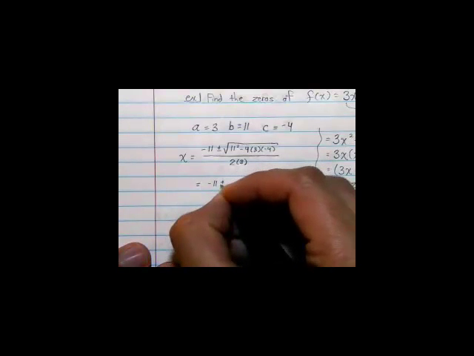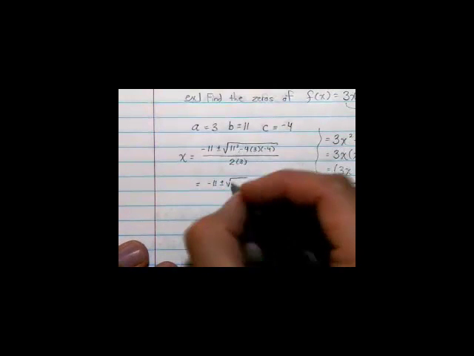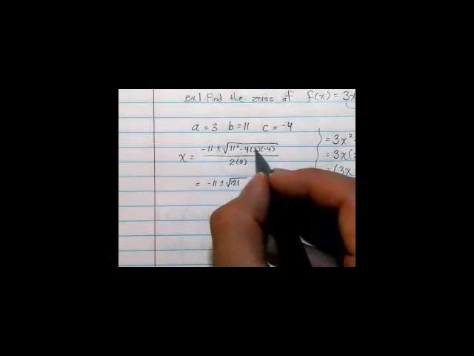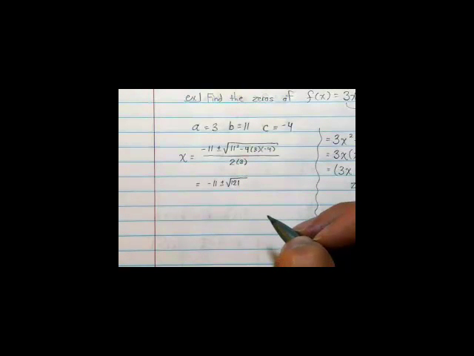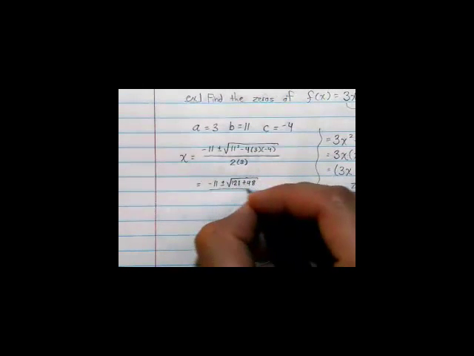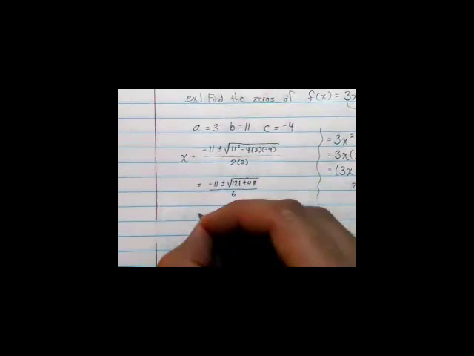So negative 11 plus or minus the square root of, looks like 121, 4 times 3 times 4 is 12 times 4, so 48. So plus 48. And all of that divided by 6.